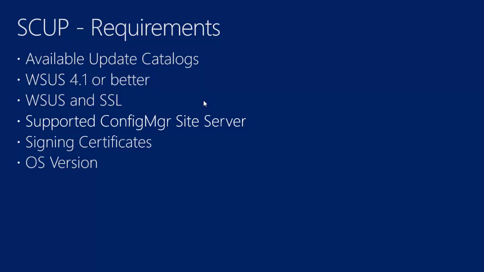And one of the things that really needs to be in place to enable all of this is called a signing certificate. Sometimes whenever the word certificate is mentioned, it strikes fear into the heart of ConfigMgr admins. There are definitely complex certificate scenarios.